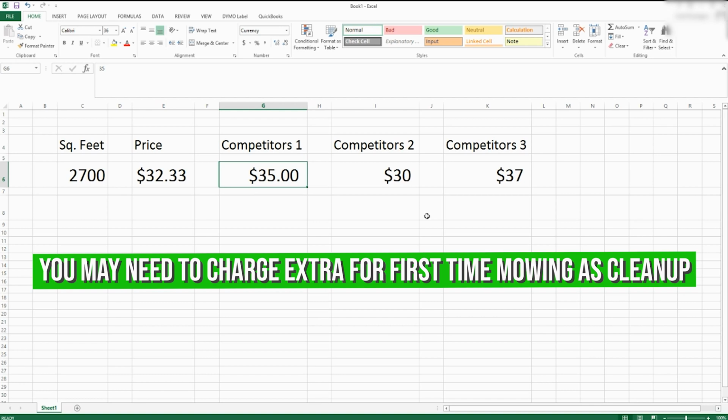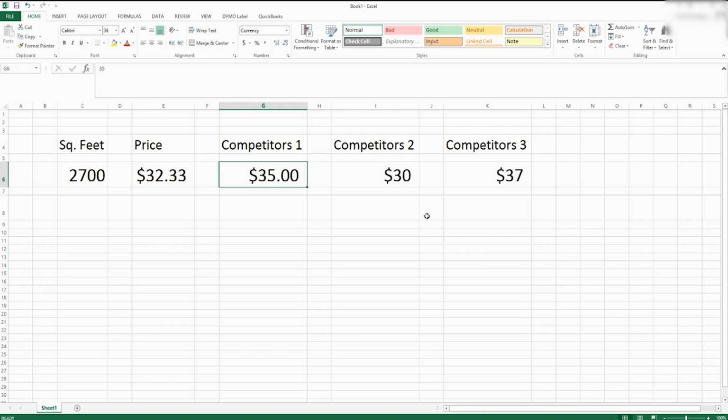That way you weed out the people who are just calling to get that first mowing in there, and they haven't mowed in 6 weeks. They just got a ticket from the city that says, hey, your grass is overgrown, you need to take care of this, right?